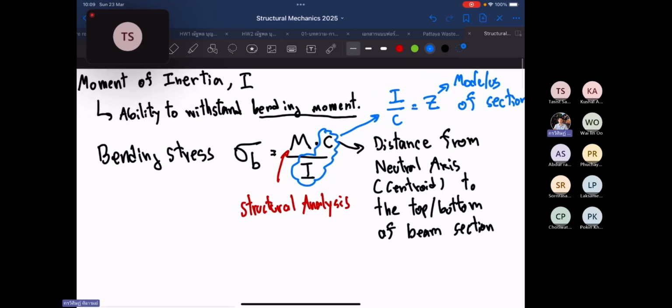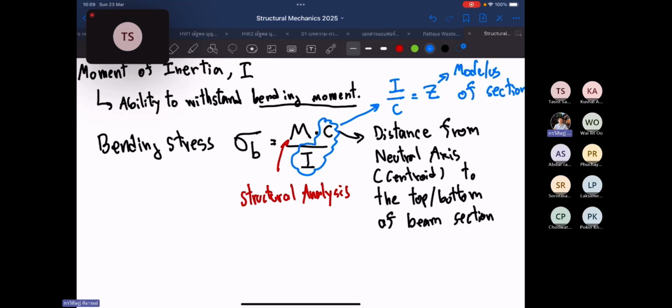Then once you know this modulus of section, you perform the structural analysis to determine the maximum bending moment that you will use to design. You can determine how much is the actual bending stress in your structure, and then you only have to check whether or not your bending stress is within acceptable criteria.